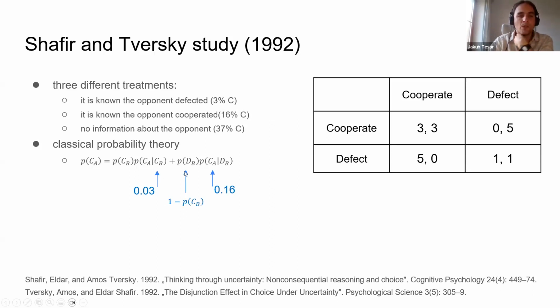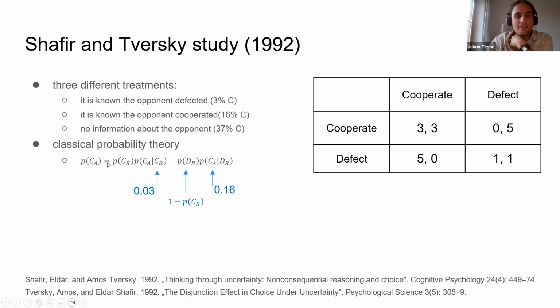And we don't know what is the probability that the other will defect. We don't know that, but we know that it's 1 minus the probability that he will cooperate. There are only two possibilities, and this is classical either-or logic: the other either cooperates or defects. So it has to be 1 minus the probability that he or she will cooperate.